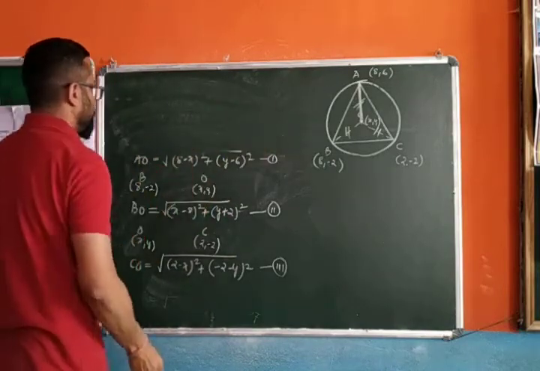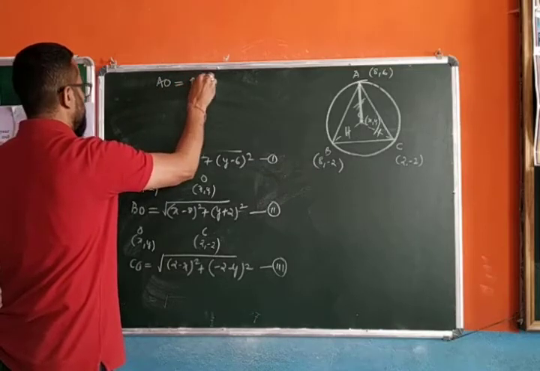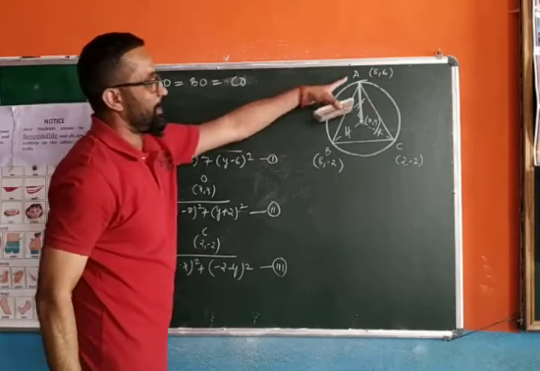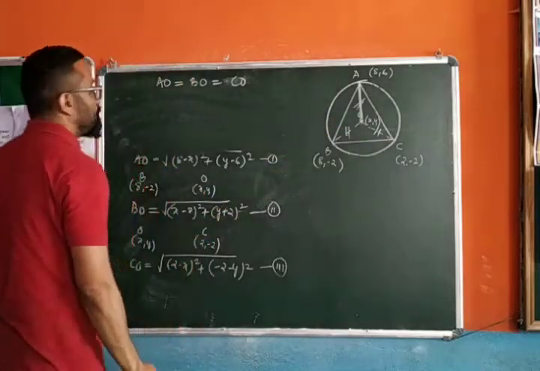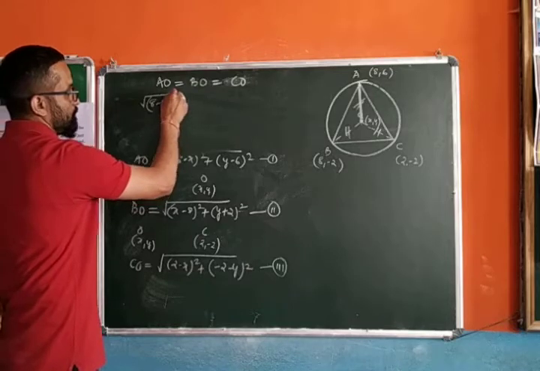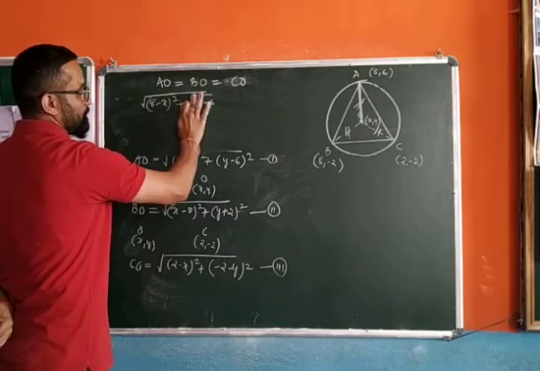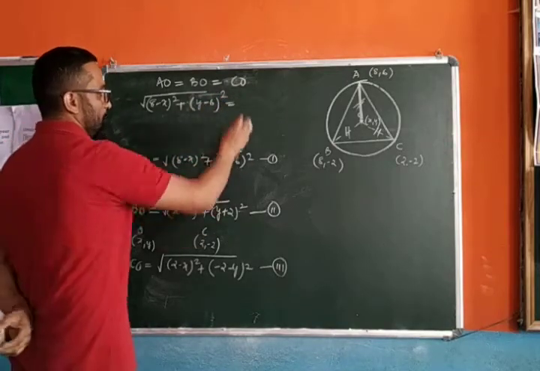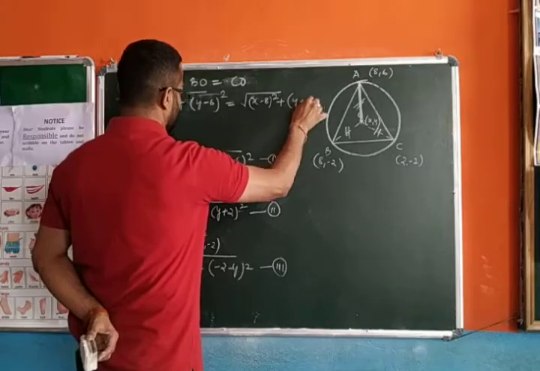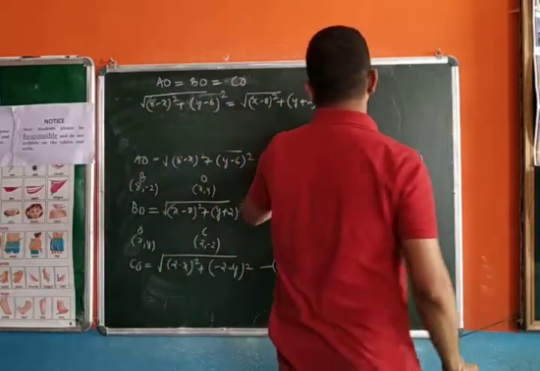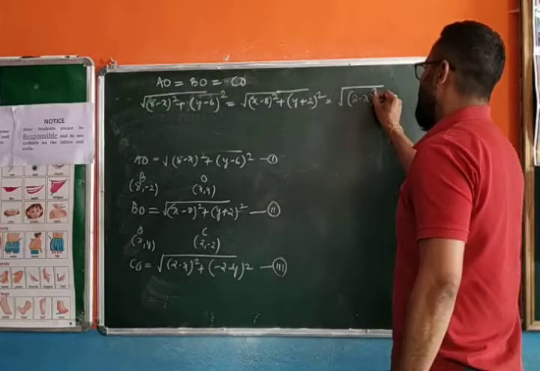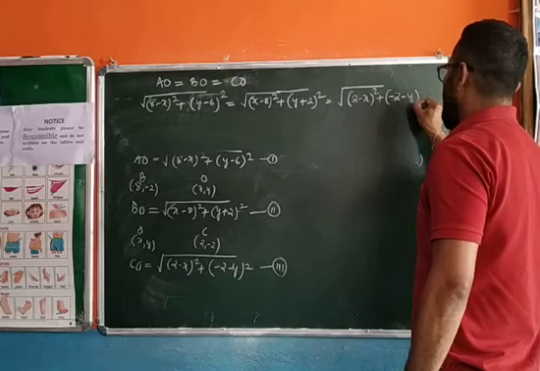So we equate AO equals BO equals CO. Put the value of AO: root of (8 - x) whole square plus (y - 6) whole square equals root of (x - 8) whole square plus (y + 2) whole square, equal to the last one, root of (2 - x) square plus (-2 - y) whole square.